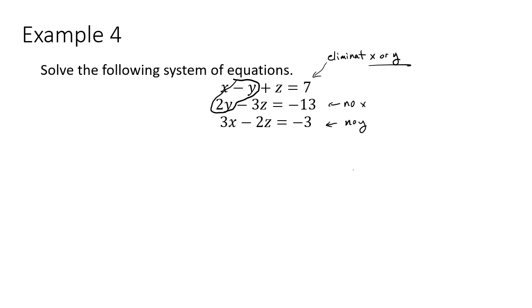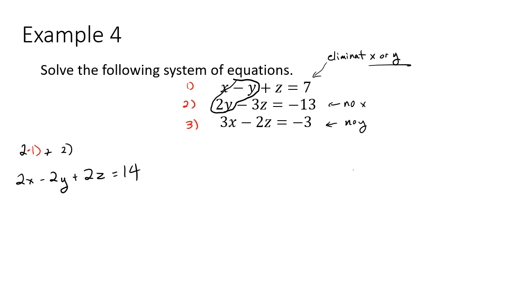So I'm going to do 2 times the top equation and I'm going to add that to the middle equation. So if I do 2 times the top equation, we would have 2x minus 2y plus 2z is equal to 14.